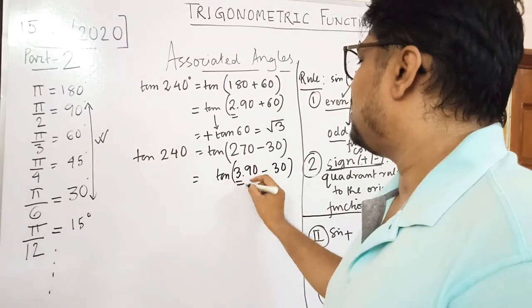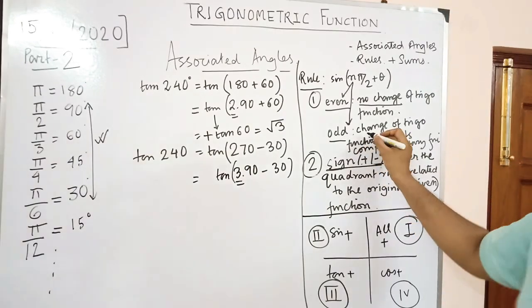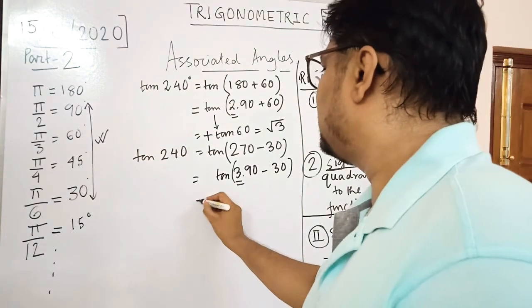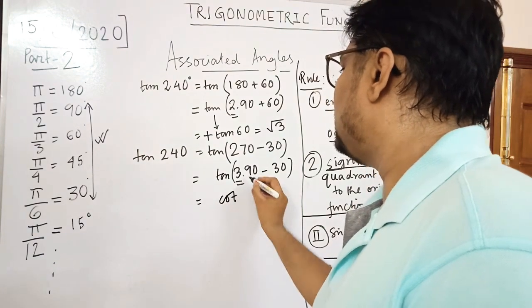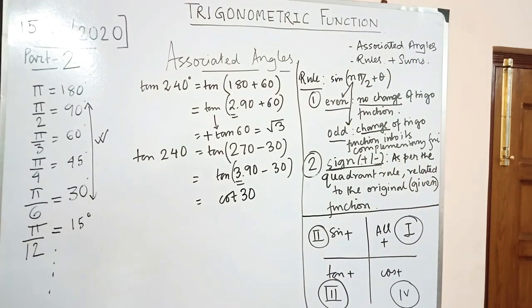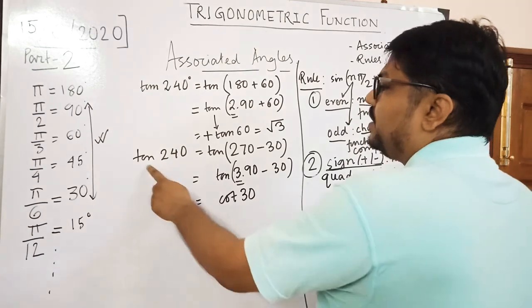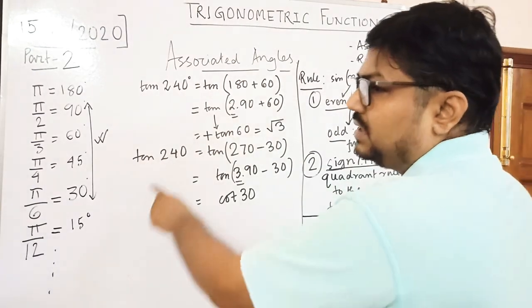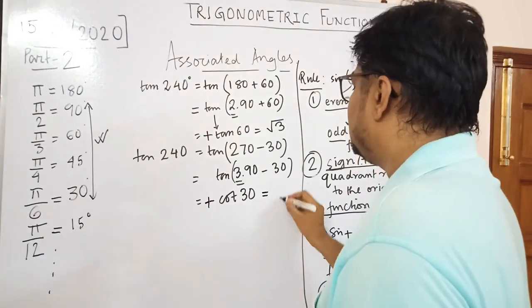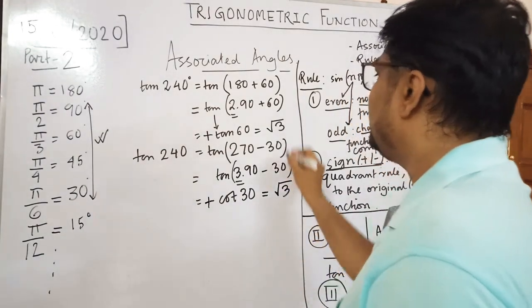So 3 is an odd multiple. Odd multiple means change of the trigo function to its complement. The complement of tan will be cot. So cot, this part is ignored, cot 30. And you know what sign to put. In that situation also we will consider the tan sign, which is positive. So cot 30 is root 3 only. So we get the same answer.